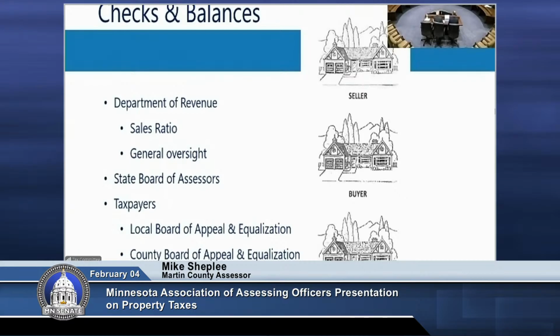Taxpayers have significant power in this process as well. They have available to them formal appeals at the local and county boards of appeal and equalization. They can continue or bypass these appeals altogether, and our advice to taxpayers is to talk with your assessor. Many questions are answered and issues are resolved through informal conversation. Assessors desire to make each assessment fair and equal.